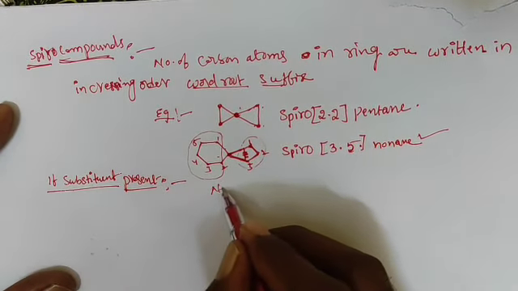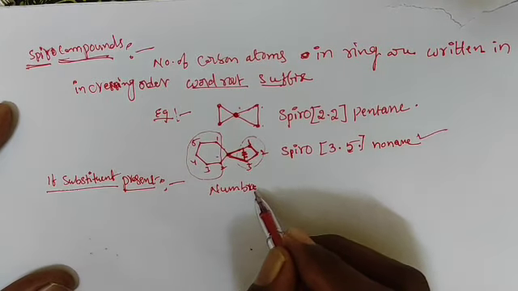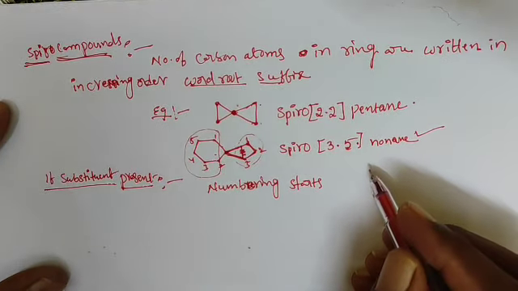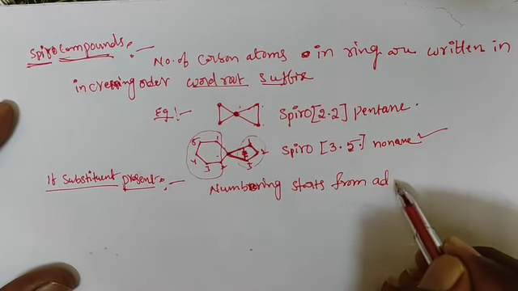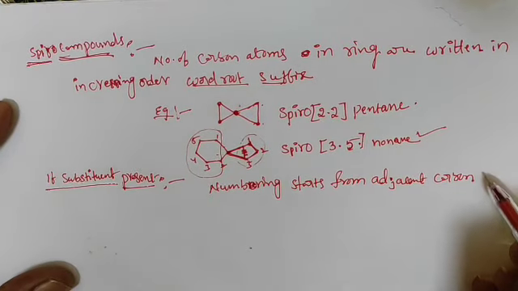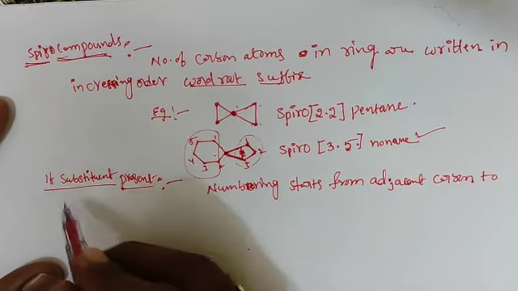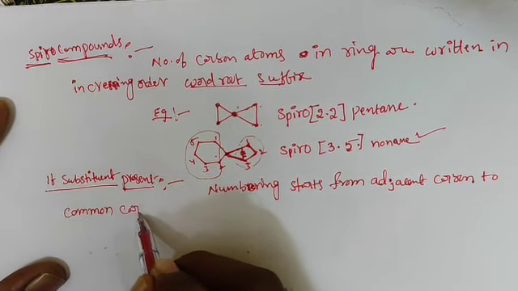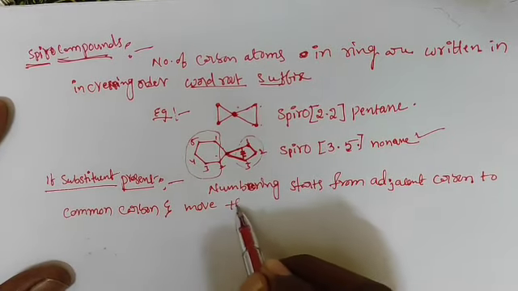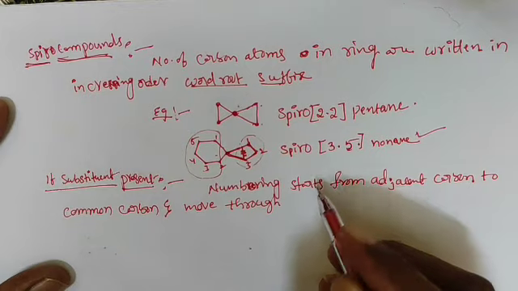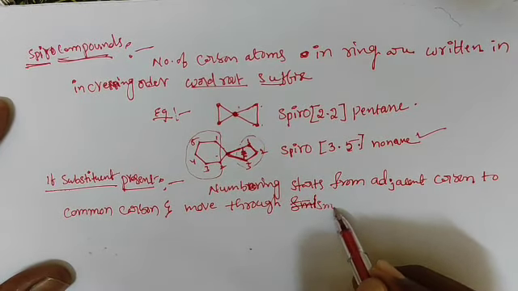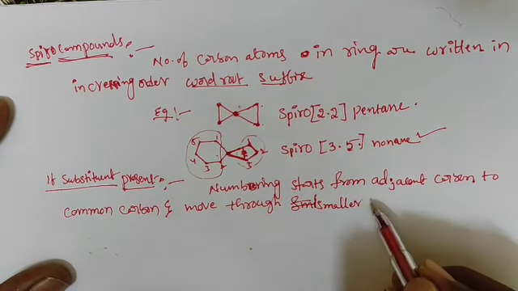So numbering starts from the adjacent carbon to the common carbon, and move through the smaller ring.